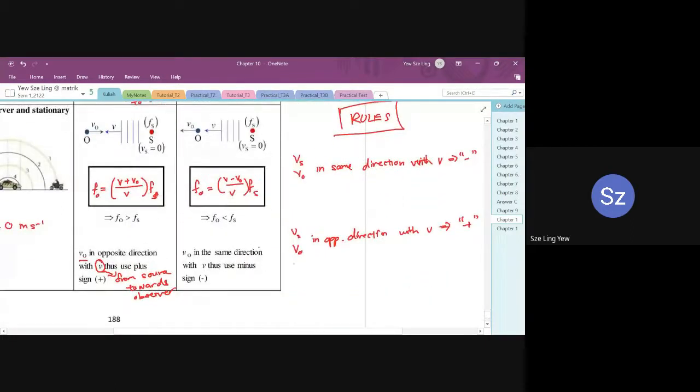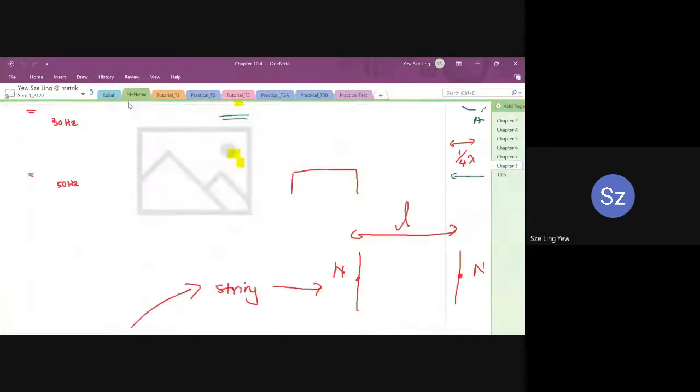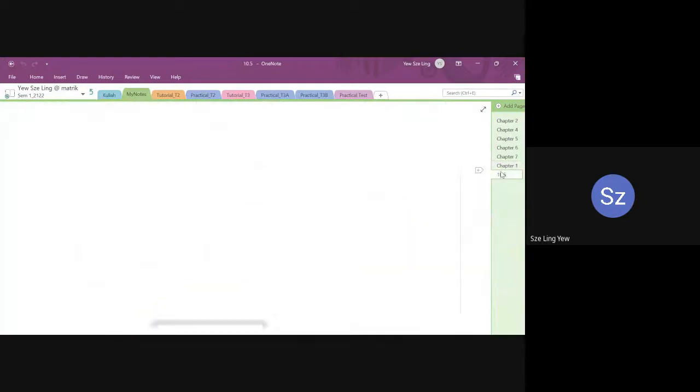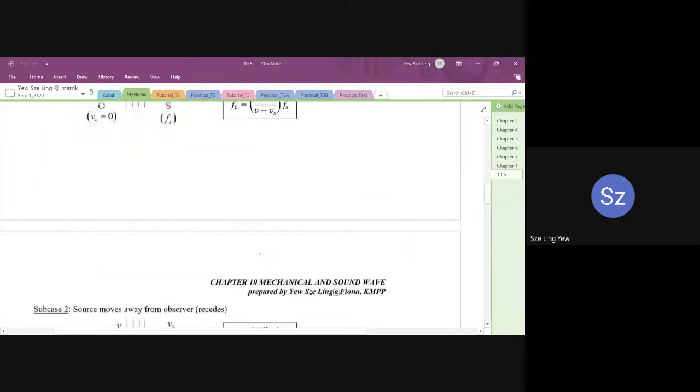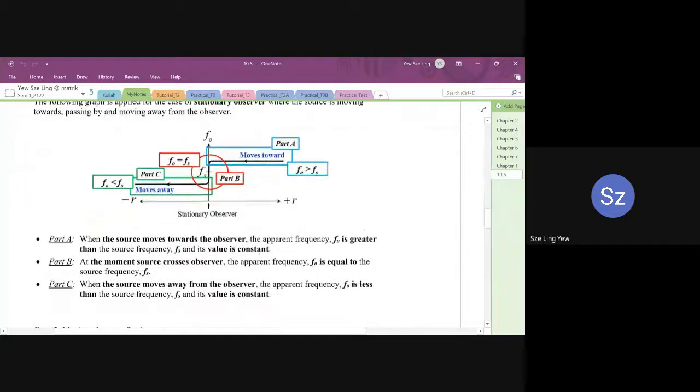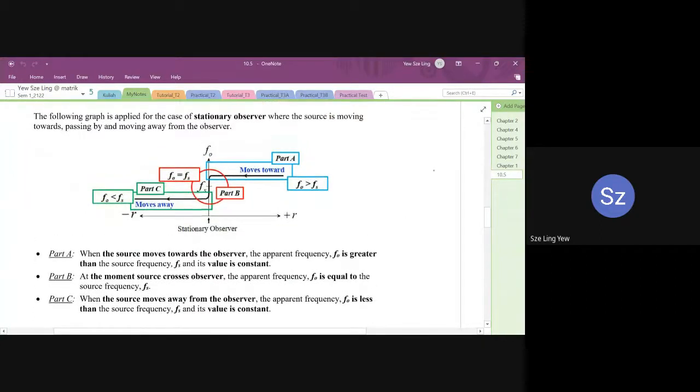But before that, I want you to write down something. I want you to write down the graph. Actually, there should be one graph in your notes. The following graph applies for a stationary observer. Let's say you're standing at the roadside, and an ambulance walks past you.